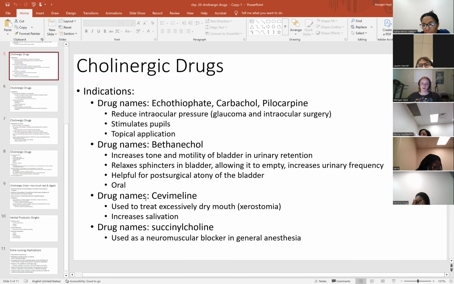The next one is called, I don't even know how you say this. Sorry, I'm really bad at pronouncing these drugs. Cevimeline, something like that. This one is used to treat dry mouth, because it stimulates the part of the parasympathetic nervous system that increases saliva. We're starting rest and digest during this period.